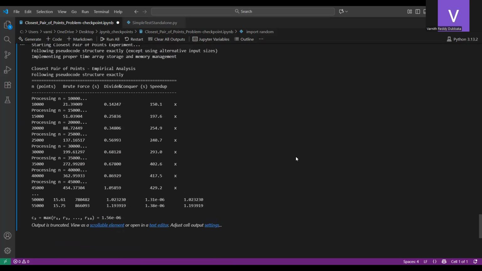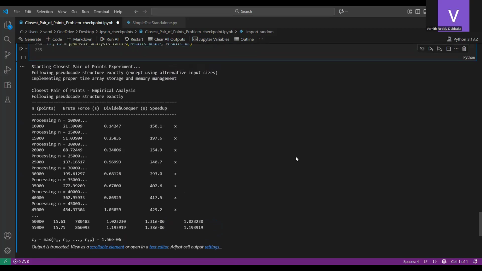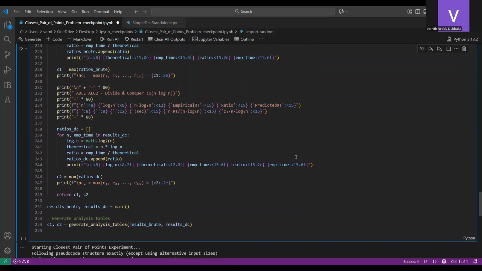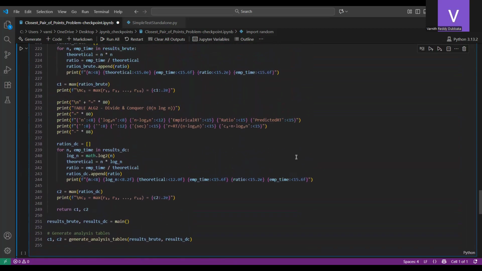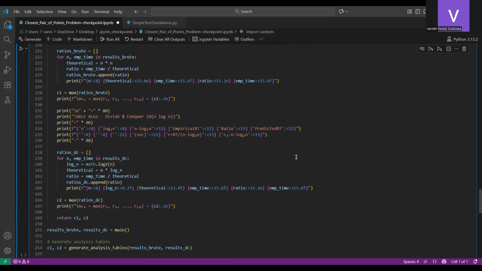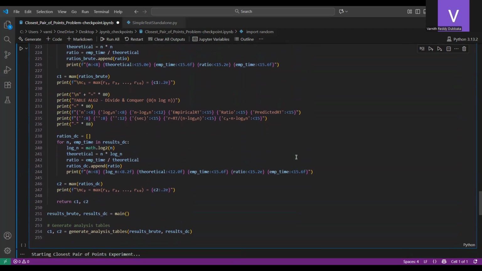Conclusion: to summarize what we have demonstrated today, first, both Python algorithms for the closest pair of points problem work successfully on sample test cases and large datasets, producing correct results. Second, I showed you in the second code cell in this file how we generate points once per iteration using create unique points, and both algorithms receive the exact same points for a fair comparison.